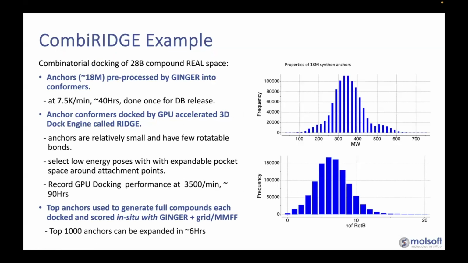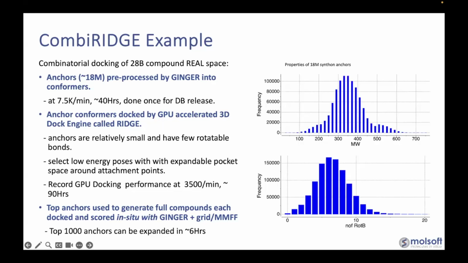So this slide shows the workflow for combinatorial docking. This was done about a year ago when the real space was 28 billion compounds. It's now, I think, 48 or something like that. So the process begins with, for this 28 billion real space, approximately 18 million anchors.